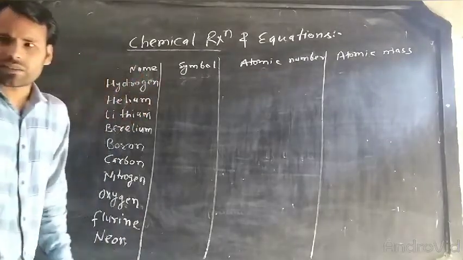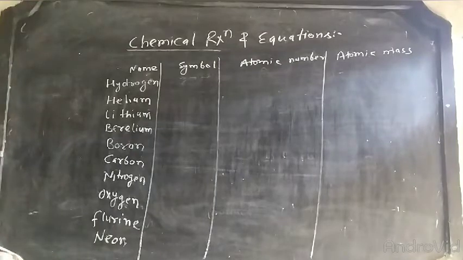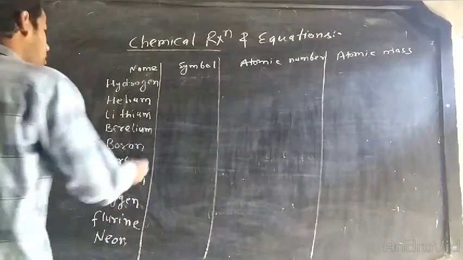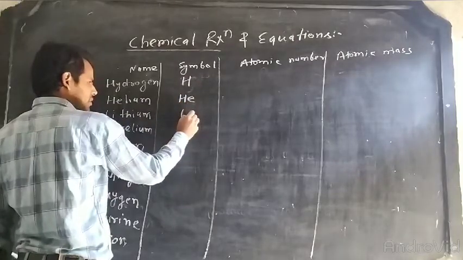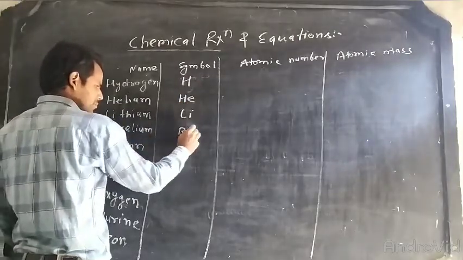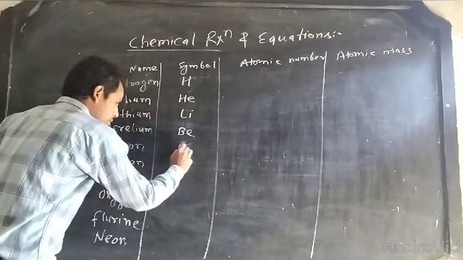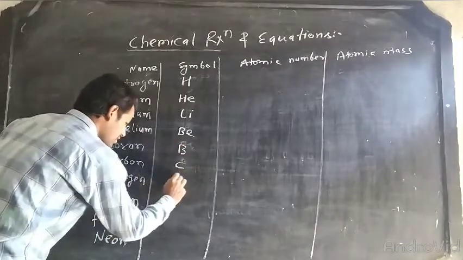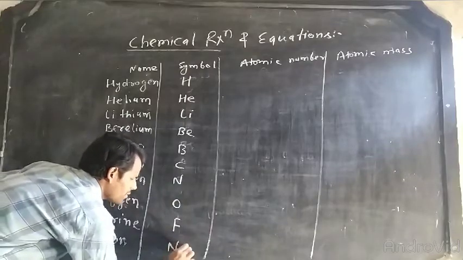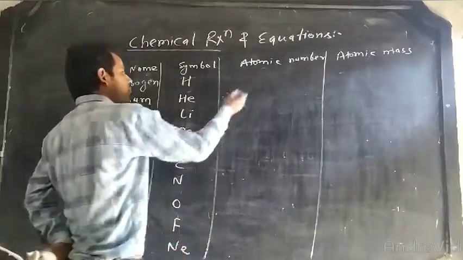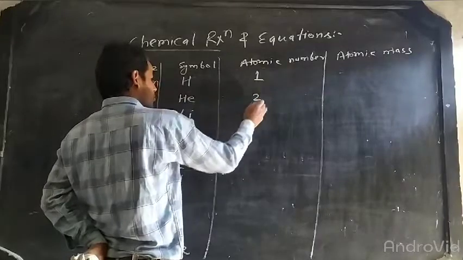These are the first 10 elements, and their symbols are H hydrogen, He helium, Li lithium, Be beryllium, B boron, C carbon, N nitrogen, O oxygen, F fluorine, and Ne neon.